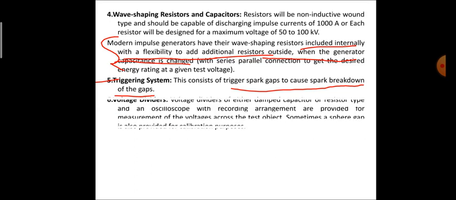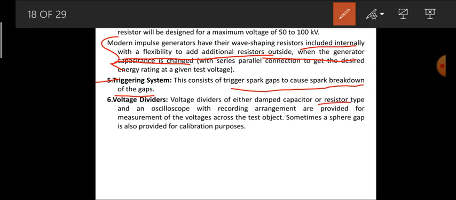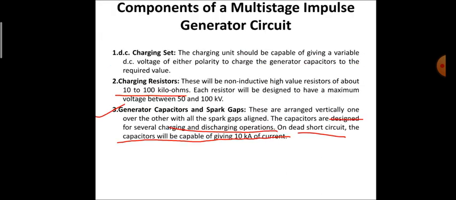Next component required is the voltage dividers. Voltage dividers of either damped capacitor or resistor type, and an oscilloscope with recording arrangement, are provided for measurement of voltage across the test object. This we had not shown in this figure.